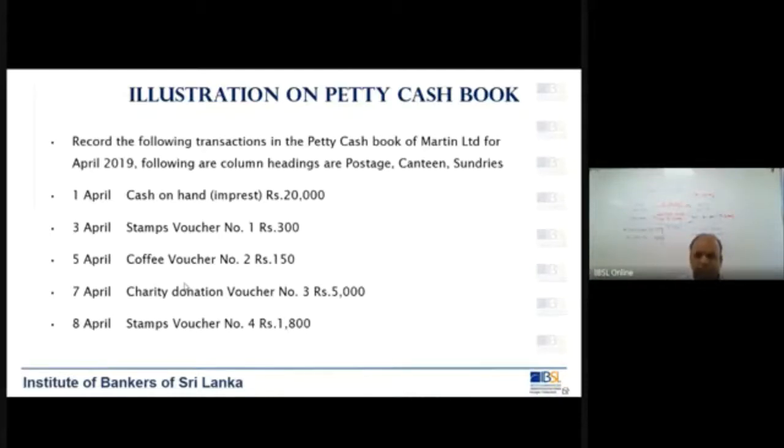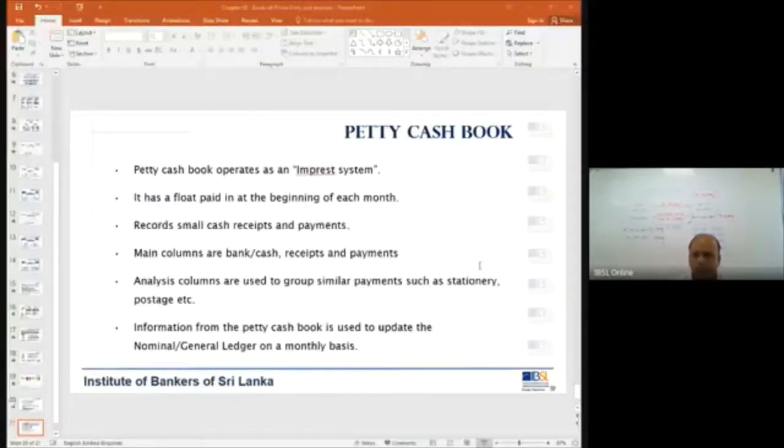But at the end of the day, what is important is you need to be in a position to understand whether you have recorded all the transactions. So that is what is important. So if you look at it in that manner, let us try to record these transactions in a petty cash book. So I want you to go through these transactions and let me explain to you on the board how to put up this petty cash book. Okay, right.